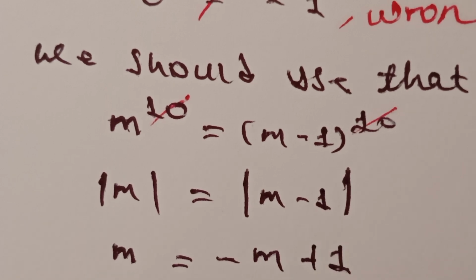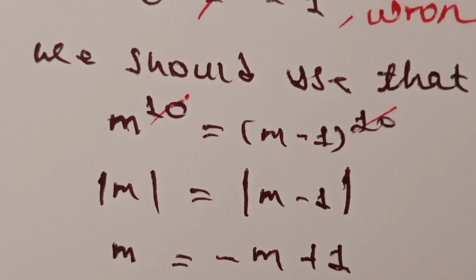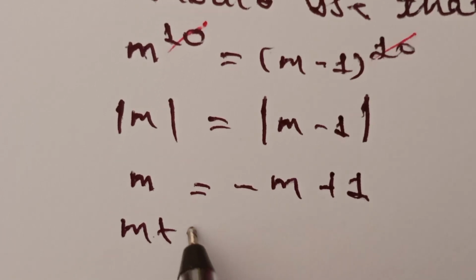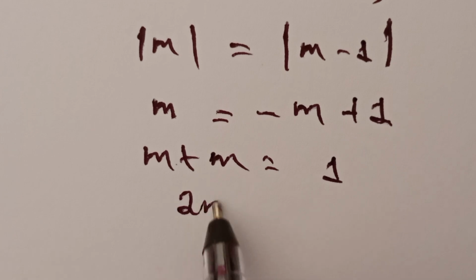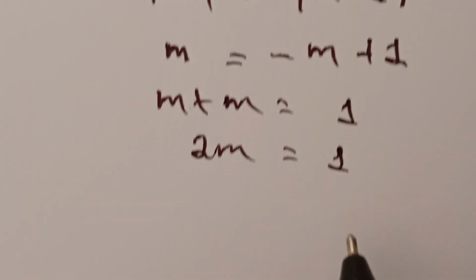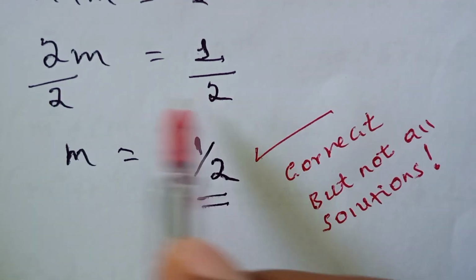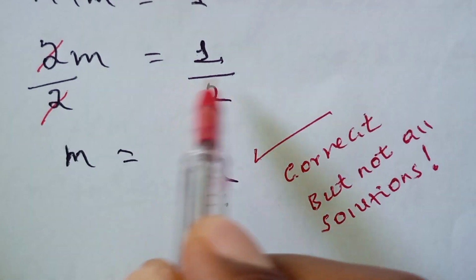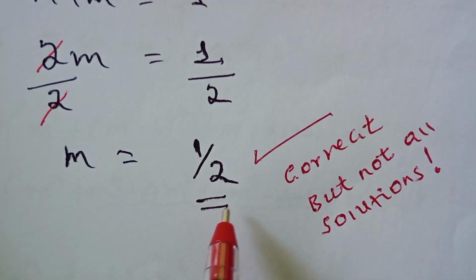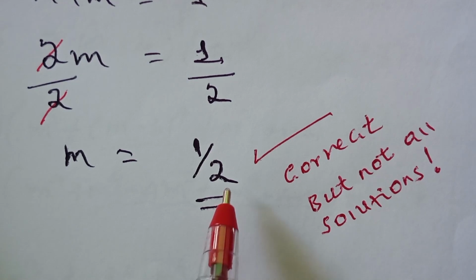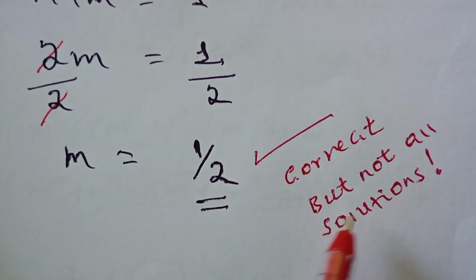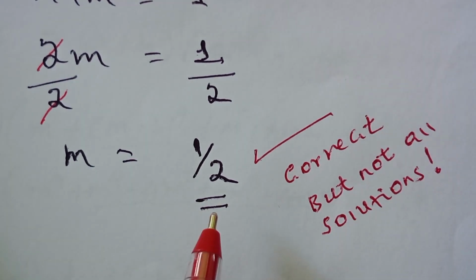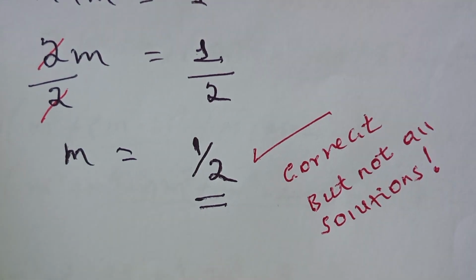So m plus m is equal to 1, so 2m is equal to 1. Dividing both sides by 2, m is equal to 1/2. So this is correct, but not all solutions. In addition to this, you can find these 8 complex solutions.